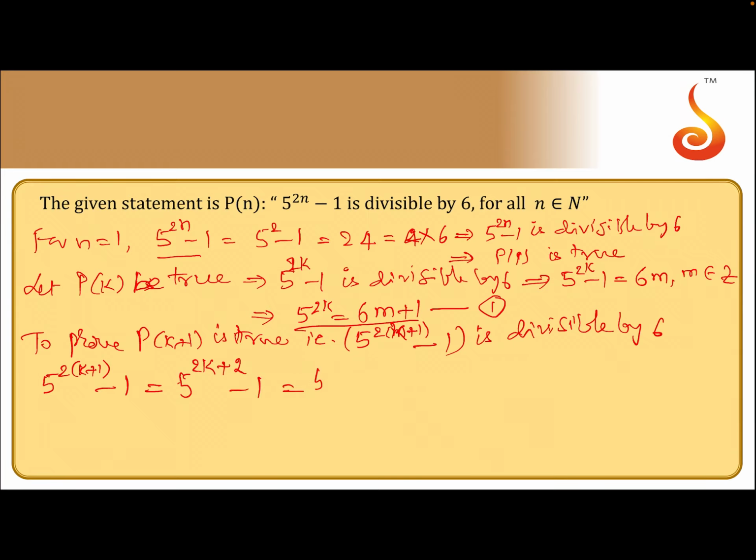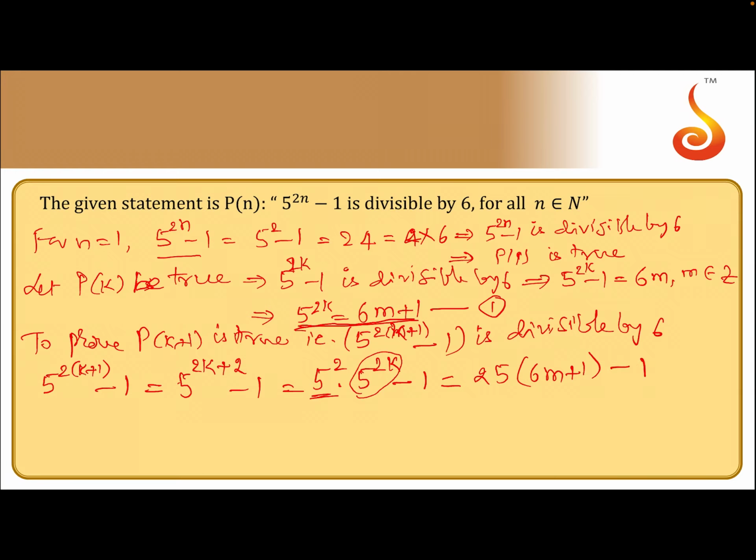That can be written as 5 squared into 5 power 2k minus 1. But from condition 1, 5 power 2k can be replaced by 6m plus 1. This is 25 times 6m plus 1 minus 1.